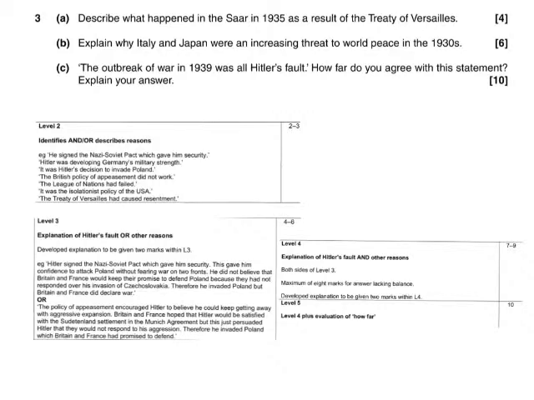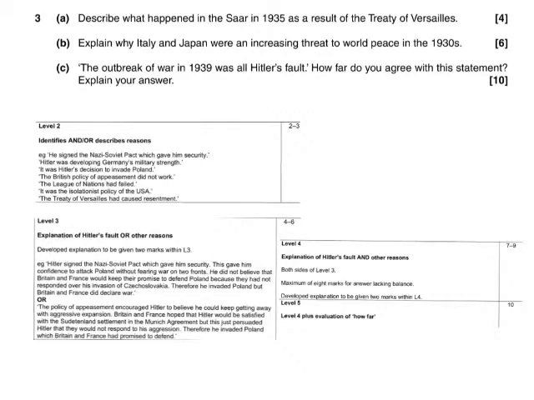But like in our previous question B, we are not explaining here, we're simply describing. We still want to know why these contributed to the outbreak of war in 1939, the start of World War II. Level 3 then, 4 to 6 marks. That's where we're going to actually start doing things properly and explaining the causes for the outbreak of 1939.